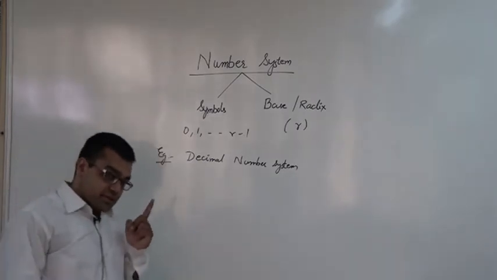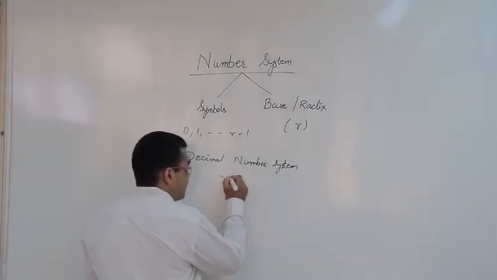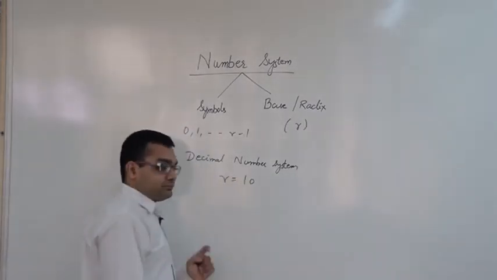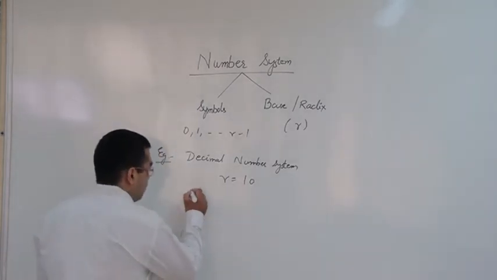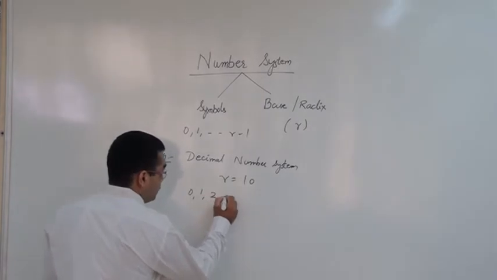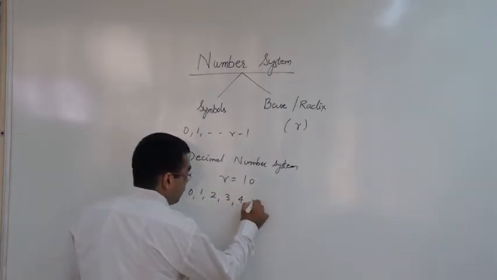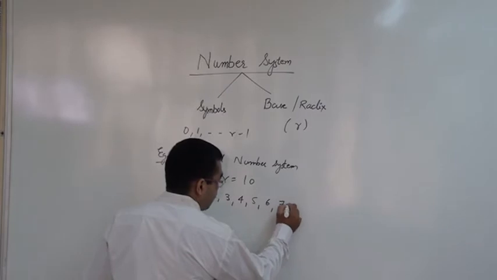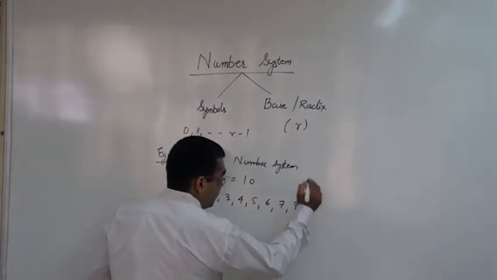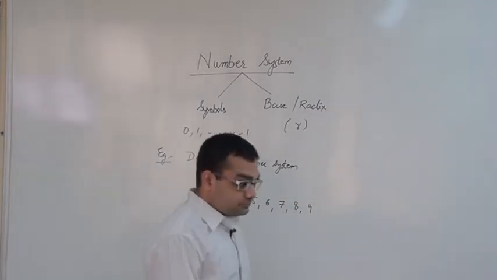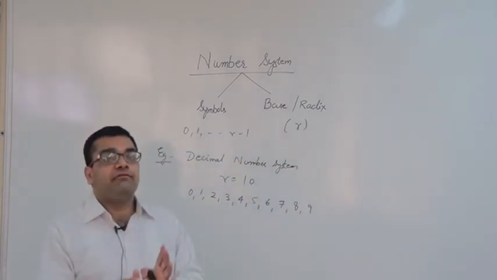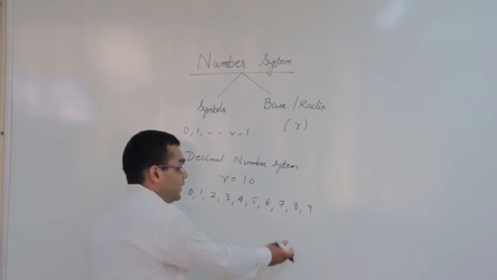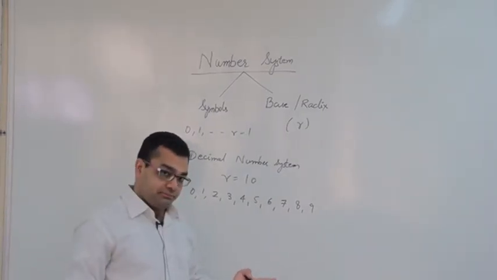In a decimal number system, the radix or the base is 10. So the symbols used are 0, 1, 2, 3, 4, 5, 6, 7, 8 and 9. Point being that any number or any information represented will be a combination of these symbols.